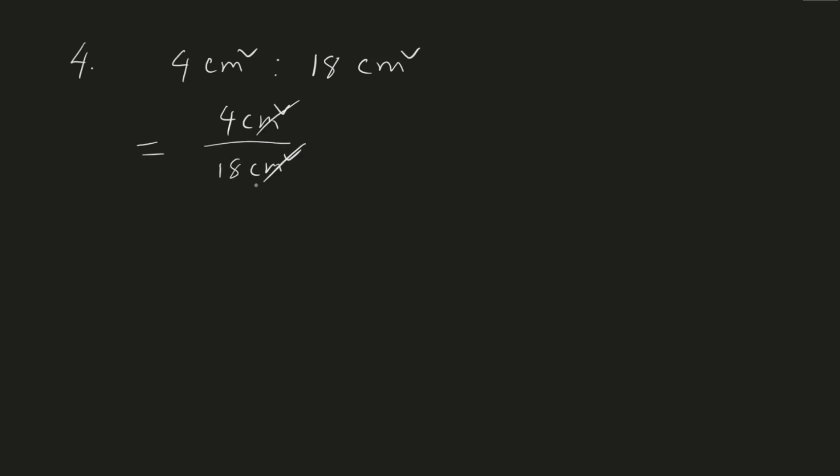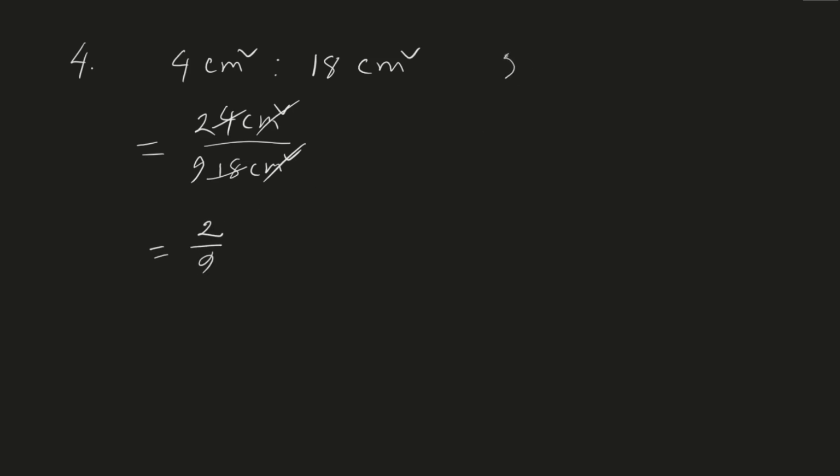Square centimeter cancel, and both are divisible by 2, as both are even numbers. So 18 divided by 2 produces 9, and 2 2s are 4. So our answer is 2 over 9, right?